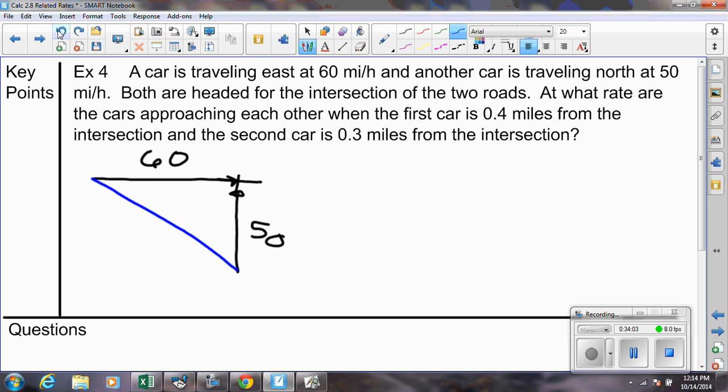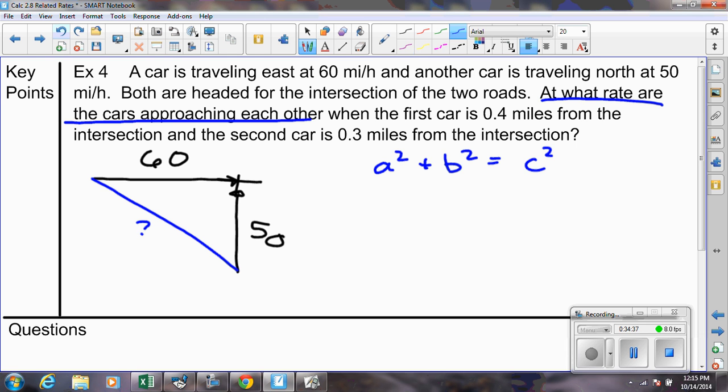We are asked, what is the rate the cars are approaching each other? So we're looking not for the distance, but for the rate of change in the distance. What's our governing equation? Pythagorean theorem, where we'd have legs squared plus legs squared equals the hypotenuse squared. Is this hypotenuse fixed? No, it's not like the ladder problem. This is the hypotenuse that is changing.